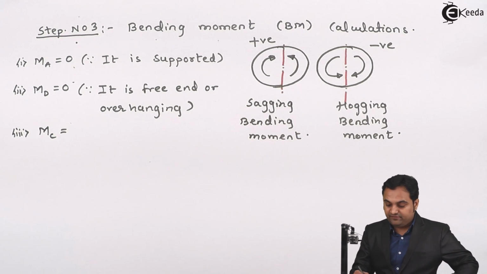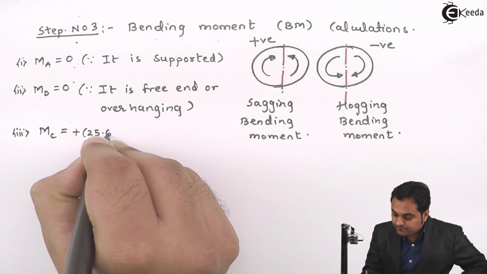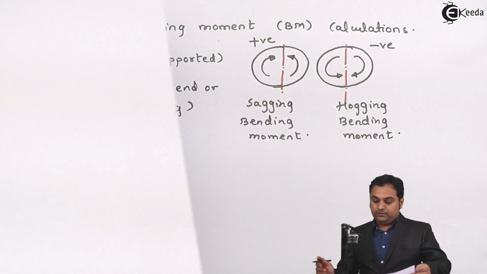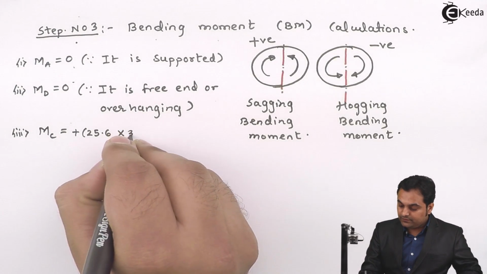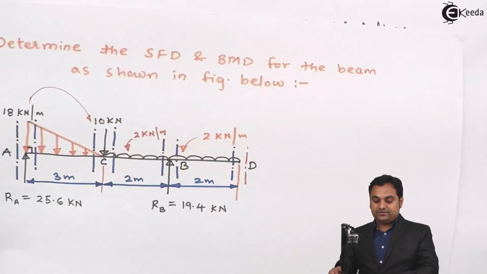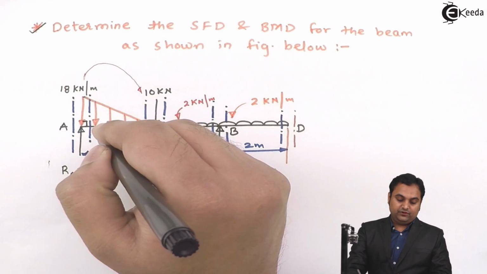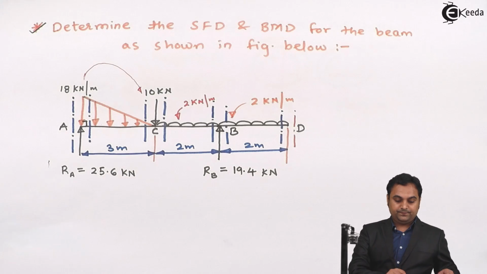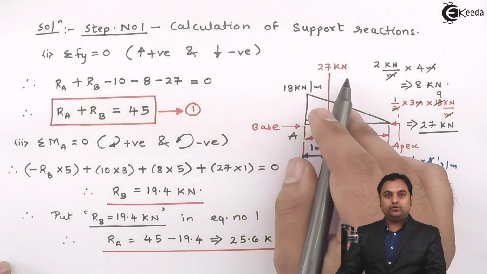So plus 25.6 into the distance between A and C, which is 3 meters, into 3. Next, there is the point load of this UVL which we have found out. That point load of the UVL is 27 kilonewton.